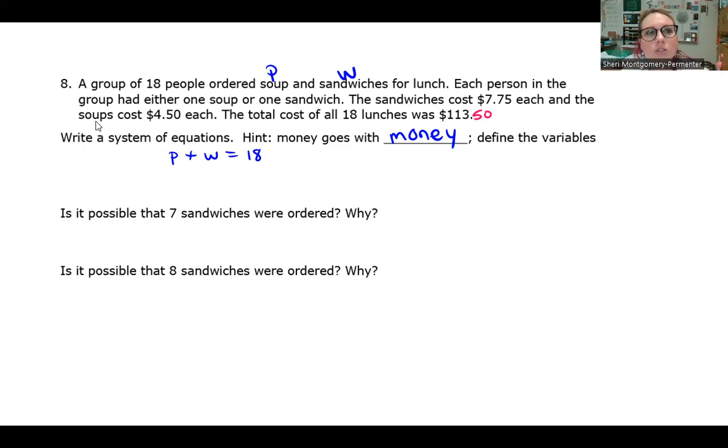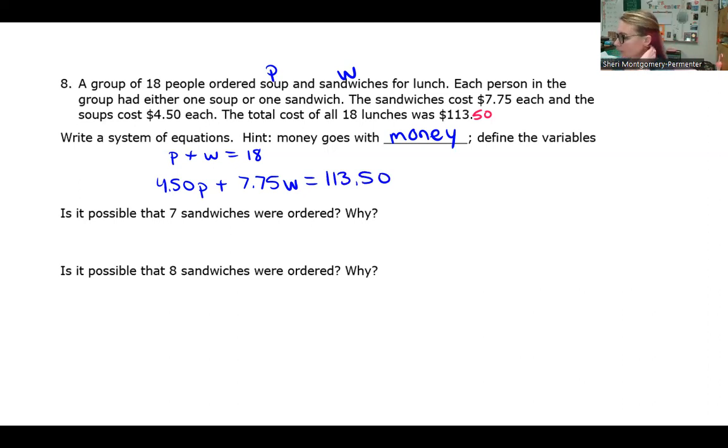Soup is what I happen to write first. Soup is $4.50. And then the sandwiches are $7.75 for a sandwich. And the total is $113.50. So the money is going with the money.